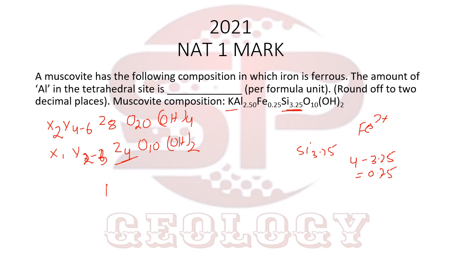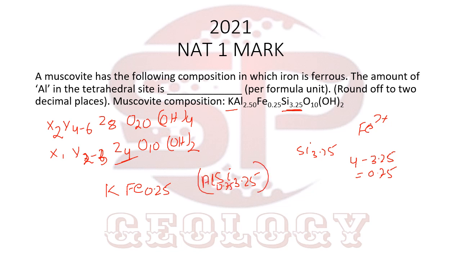So the formula is K, Fe 0.25, Si 3.25, and aluminum 0.75 here.